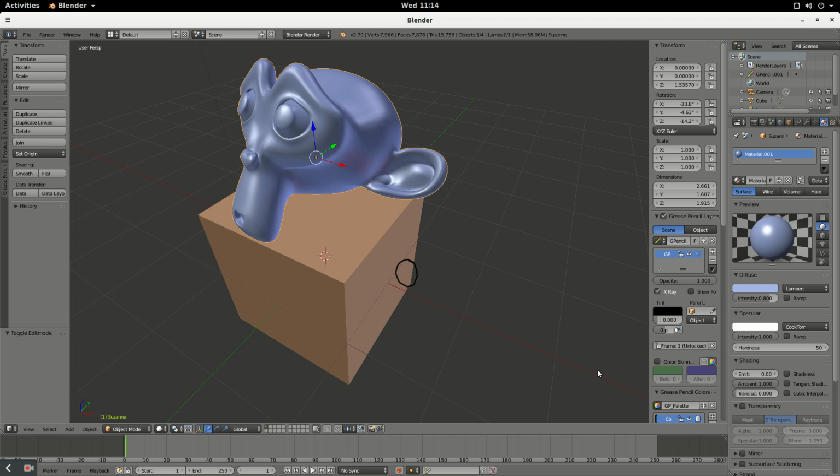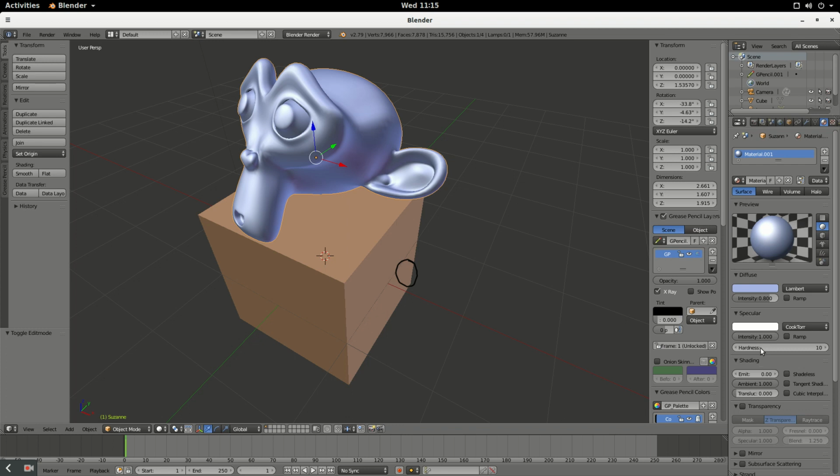So that's the part I'm talking about. The hardness. If I reduce this hardness, right now it is 50, if I drop it down to 10, it will look brighter, but it will cover a broader area.